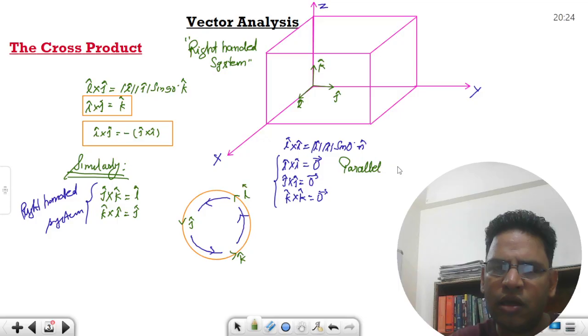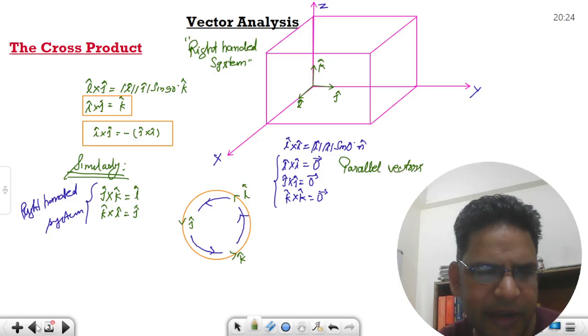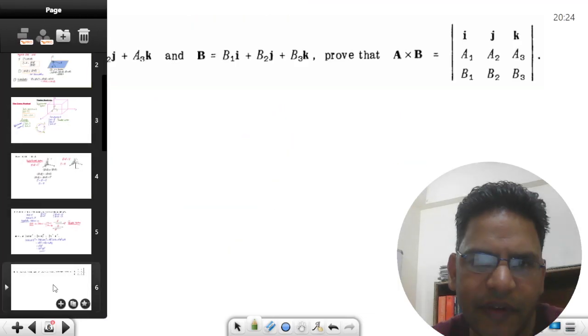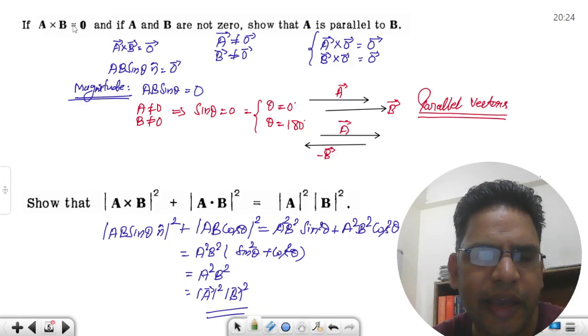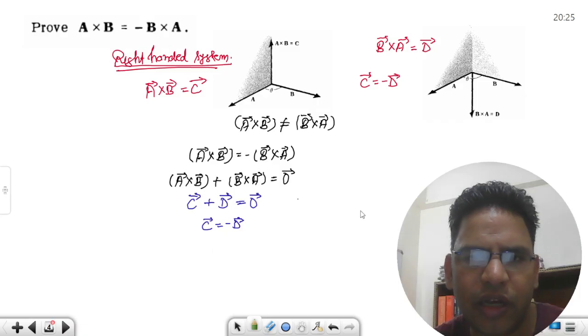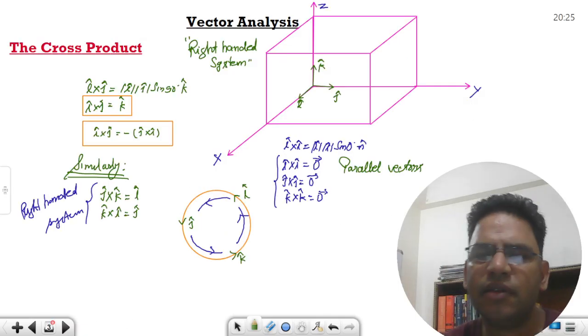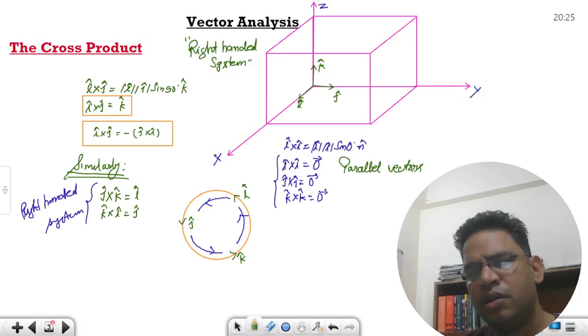They are parallel vectors. तो अभी हमने कुछ देर पहले यहां पर एक सवाल किया था पैरेलल वेक्टर्स का. Two vectors a and b, a cross b equal to zero vector if and only if a vector is parallel to b. So that is another aspect which you should remember.